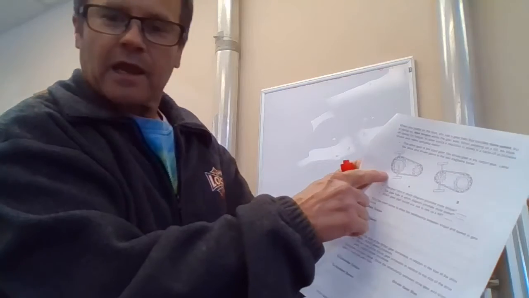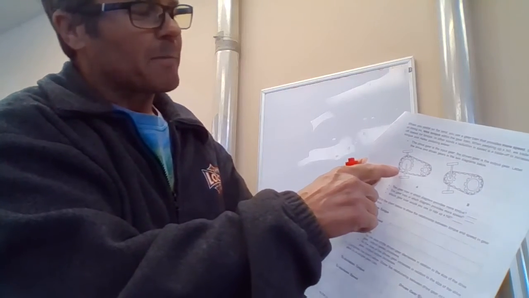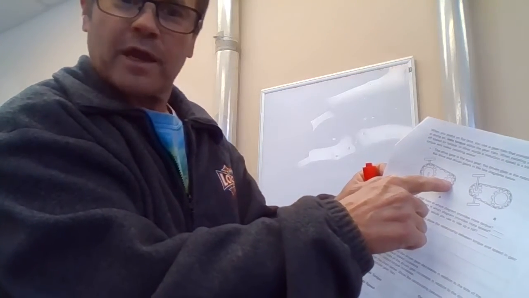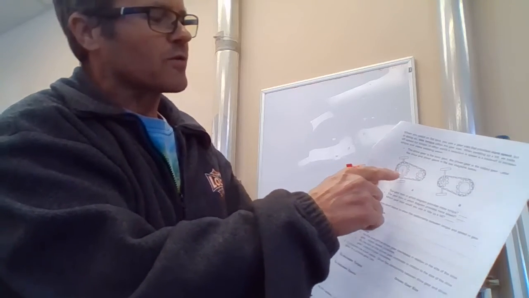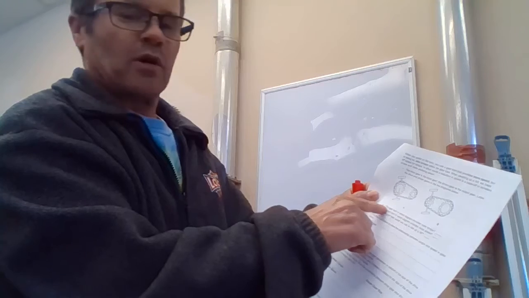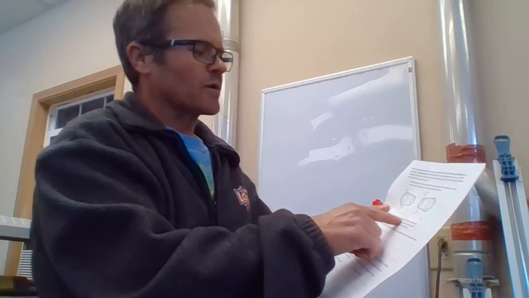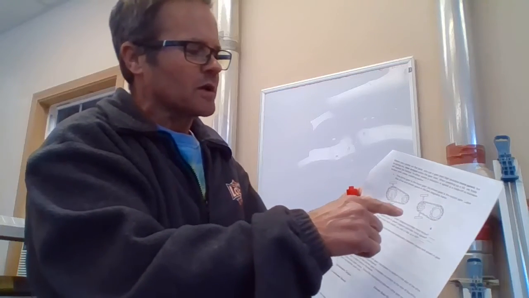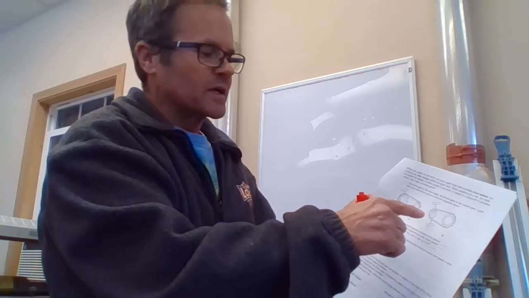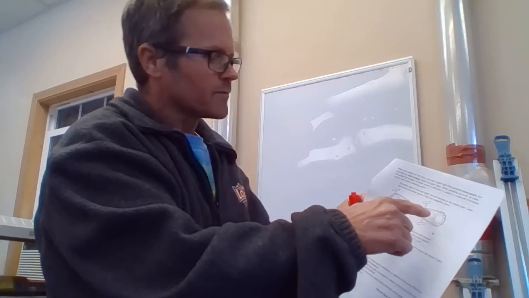So if you look at it, A has a bigger input than it does output. So then A is creating more speed. So the first bullet says, the gear train in which diagram provides more torque? Obviously, it's not A. We just said A provides more speed. Therefore, it's B because it has a bigger output.